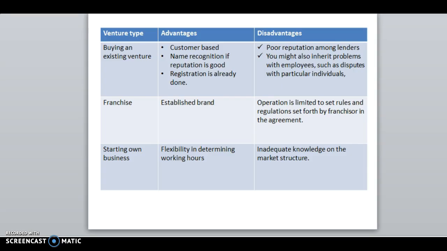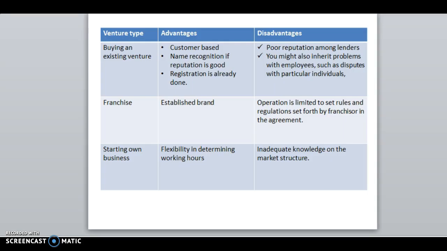You might also find that there are some problems with the employees, which are recurring, and you get to inherit them from the previous owner who did fail in some way to handle this kind of problem amongst employees.